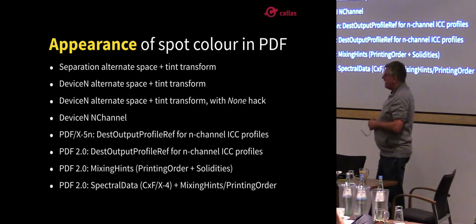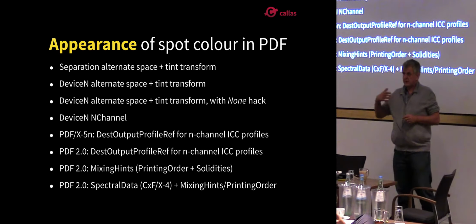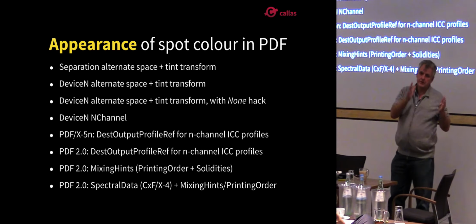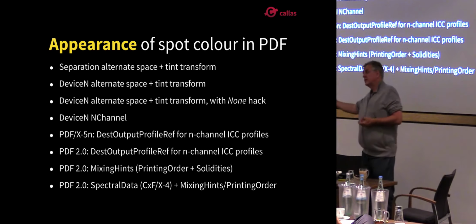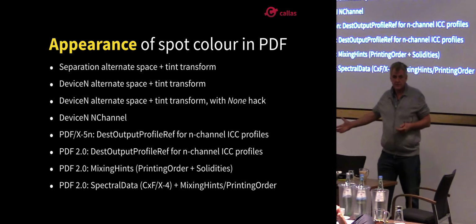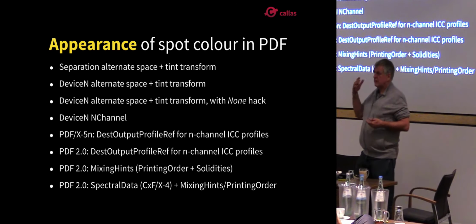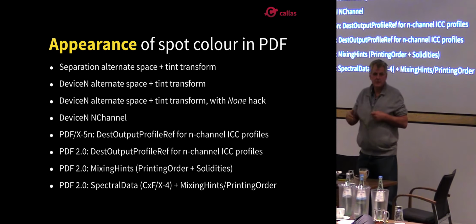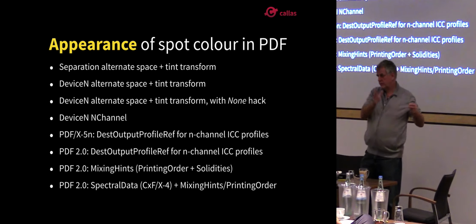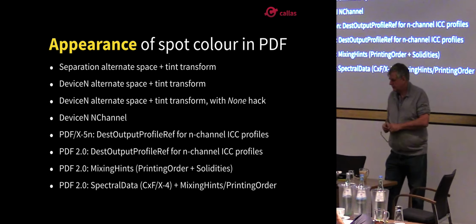There's DeviceN channel, that's a special flavor of DeviceN, which has yet another mechanism to go from the colors that are in DeviceN, like my magenta, yellow, blue combination, and then go to a 6-color combination, because you may have a 6-color press with like cyan, magenta, yellow, black, orange, and green, and it would have some lookup or mechanism to go from the 3 input values to those 6 output values, and so on.